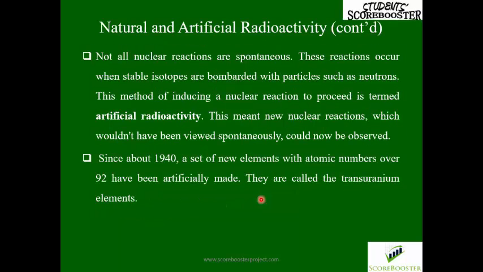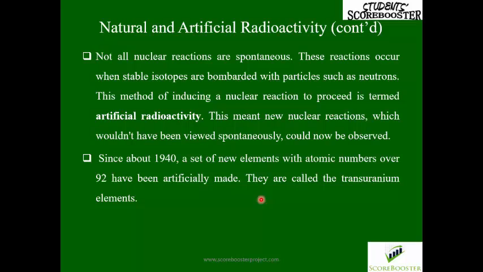On the other hand, when we have radioactivity that is initiated by bombardment with particles, it is called artificial radioactivity, like the name, artificial. It is not natural, it is artificial. So we have elements that ordinarily are not radioactive, but we can make them radioactive by bombarding them with neutrons.